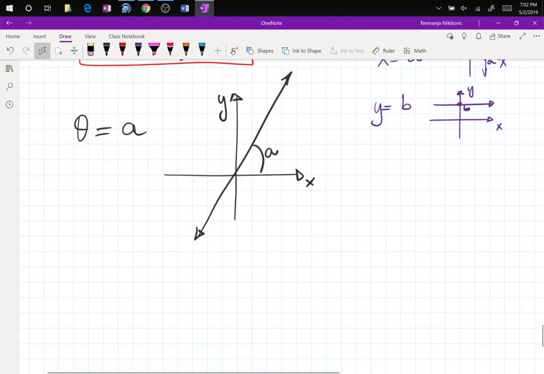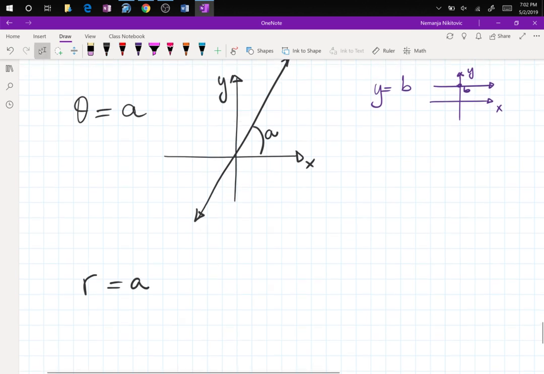What do you get for r equals a as a basic function? Now, this is the one that defines life over here. Well, think about it. Your r is set to be, let's say, 3. Your theta is allowed to take all values.